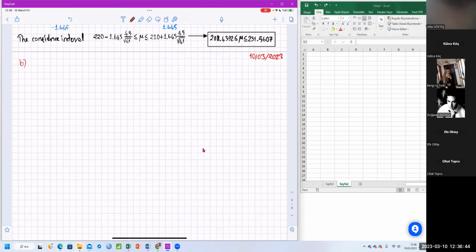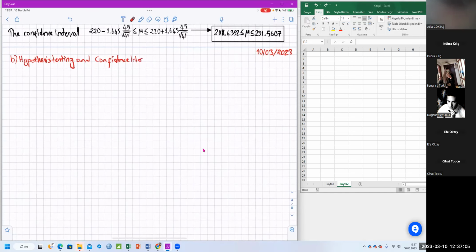So B, hypothesis testing and confidence interval for population mean, sigma unknown, and n is greater than 30.